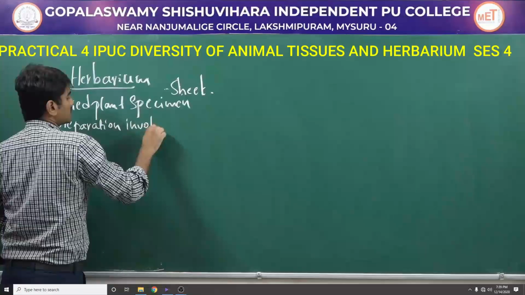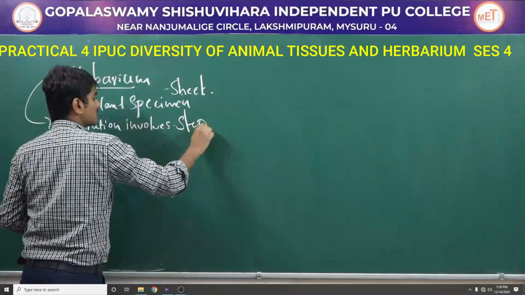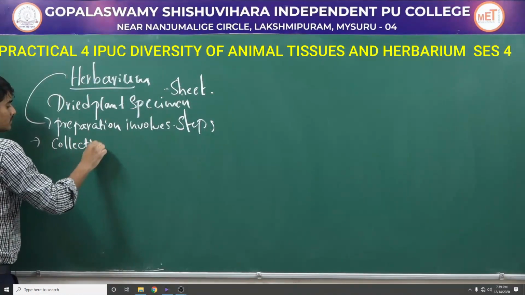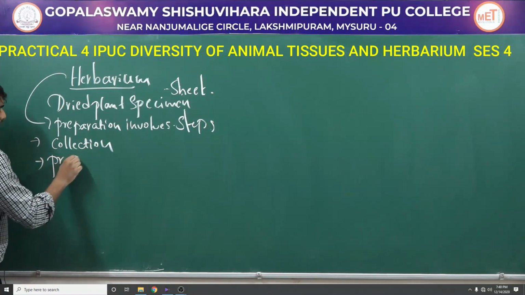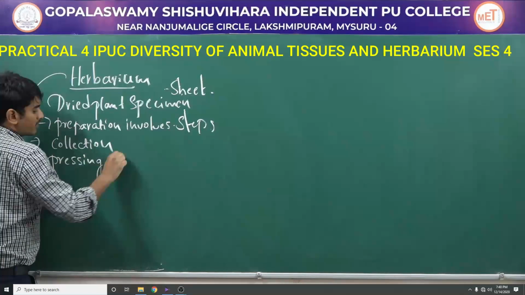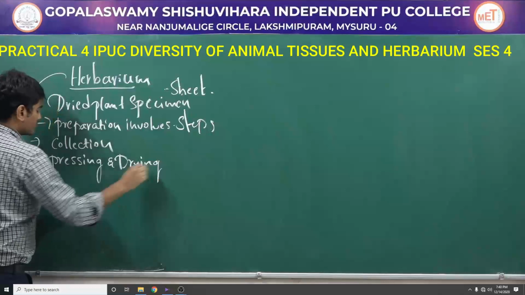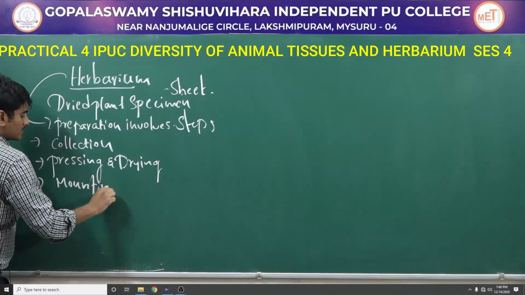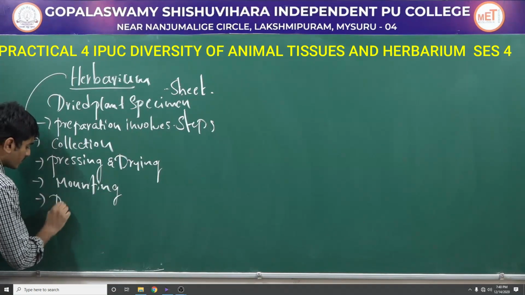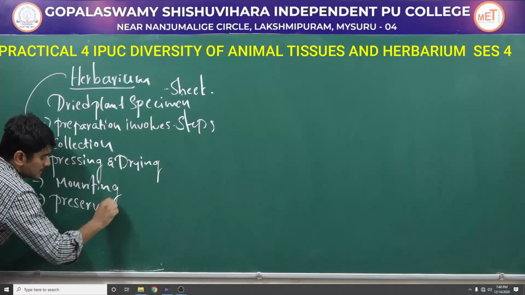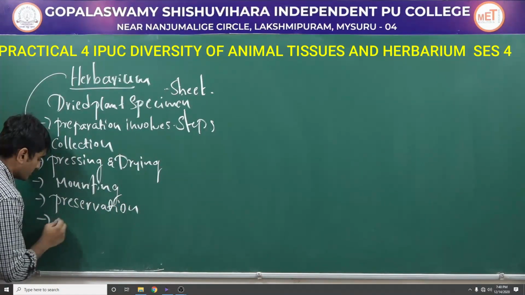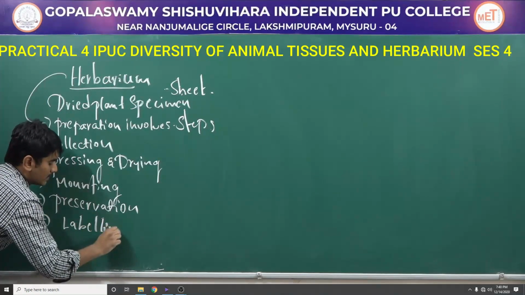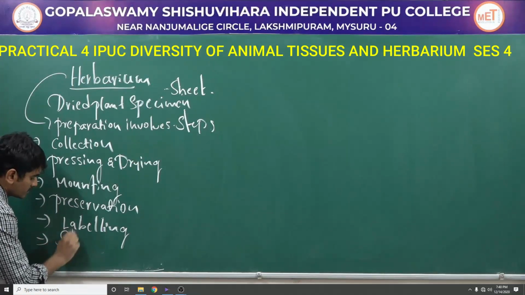The first one is collection, the second is pressing and drying, the third one is mounting, the fourth one is preservation, the fifth one is labeling, and the last one is storing.